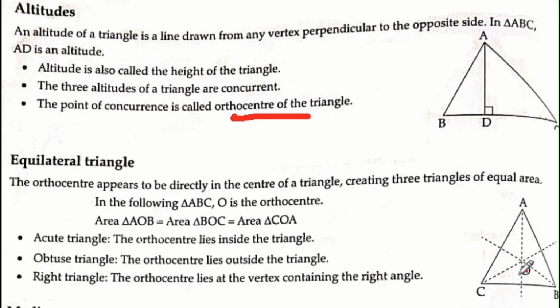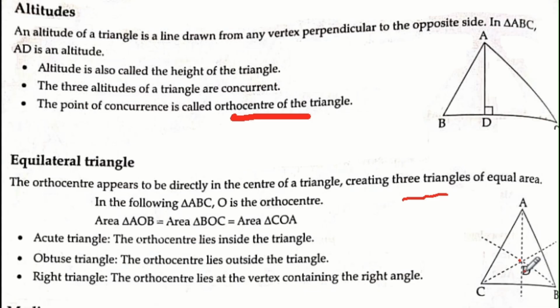You can see this is the altitude drawn. The orthocenter appears to be directly in the center of the triangle, creating three triangles of equal area. It is meeting exactly at the center. So you'll be creating three triangles: triangle ADC, triangle BDC, and triangle ADB.